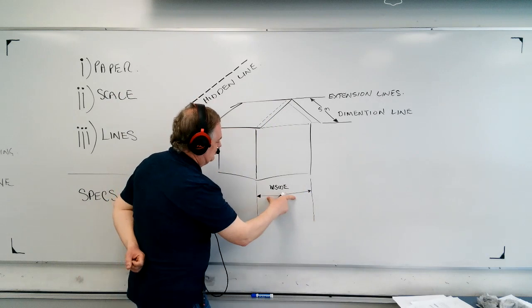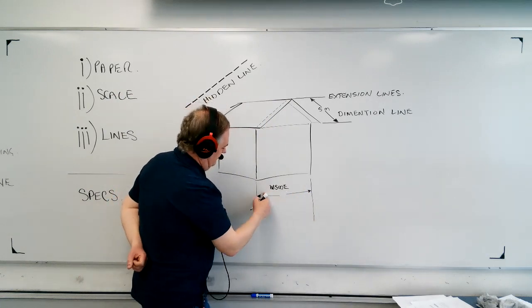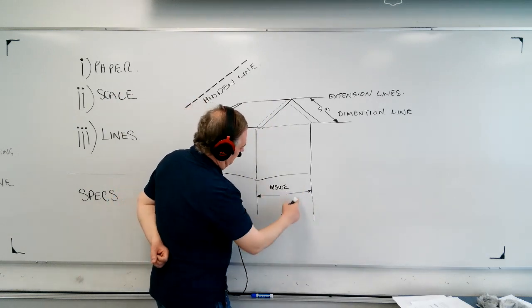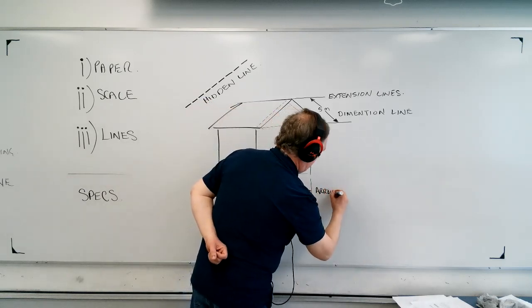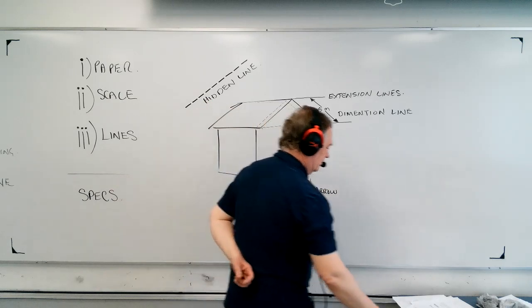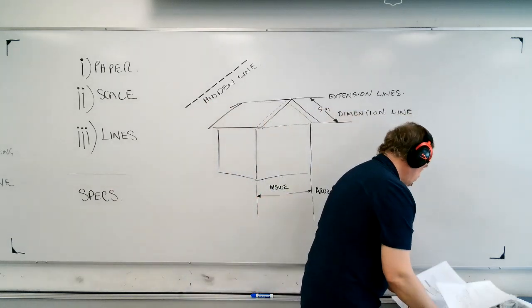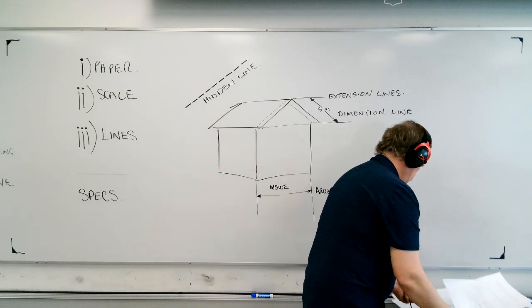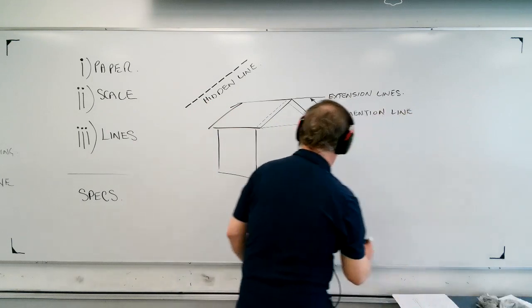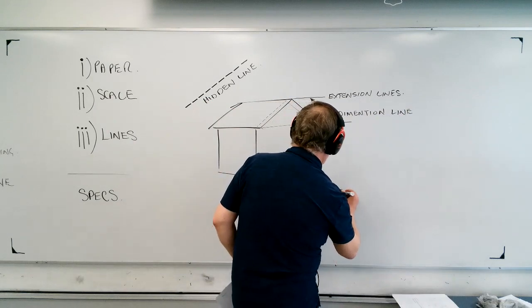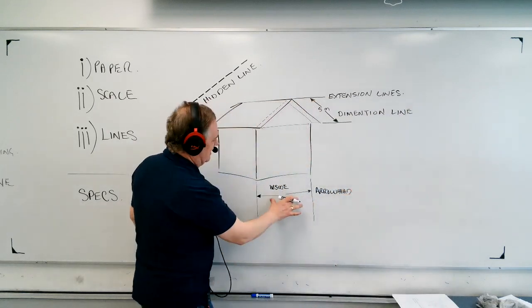So the dimension is shown by these two little lines. Now this one is called an arrow. Okay, arrow type. Arrowhead. And that would be an inside arrowhead.